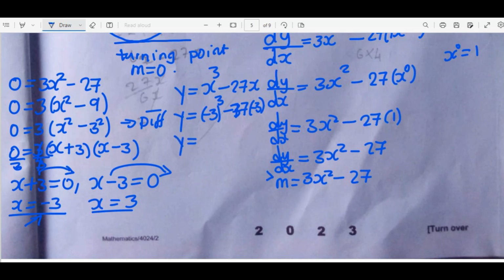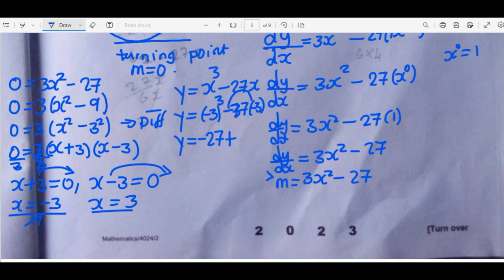Whenever a negative number is raised to the power 3, the negative will not change. So it's the same as negative 3 times negative 3 times negative 3, which is negative 27. Here, negative times negative will give us positive.